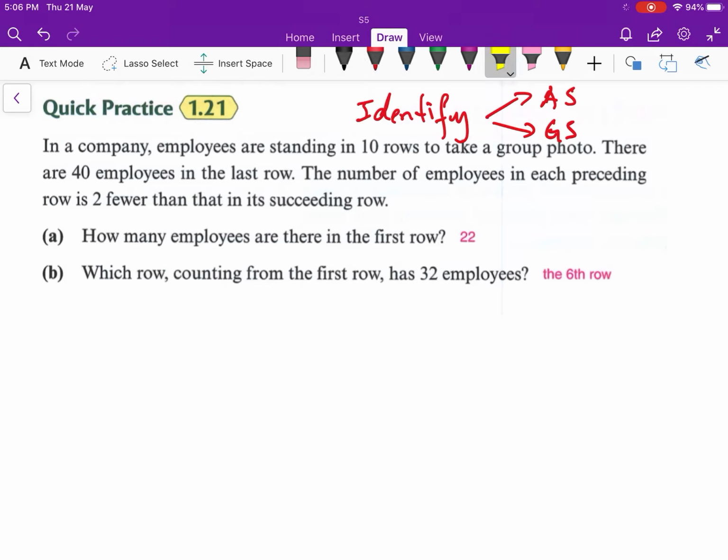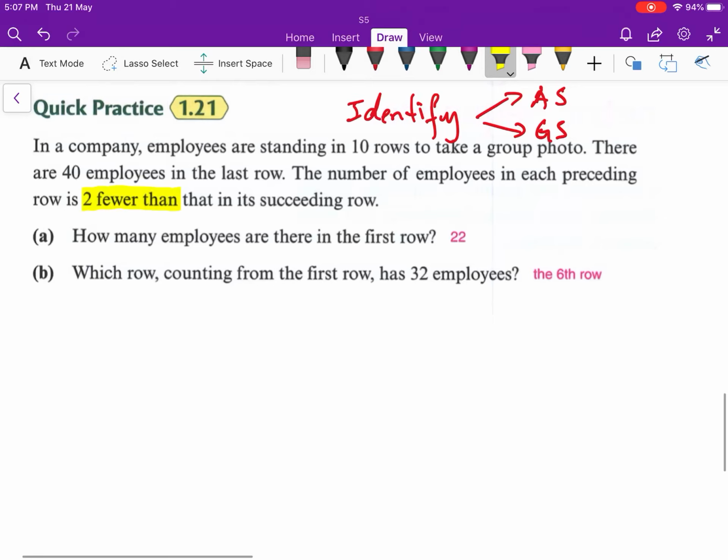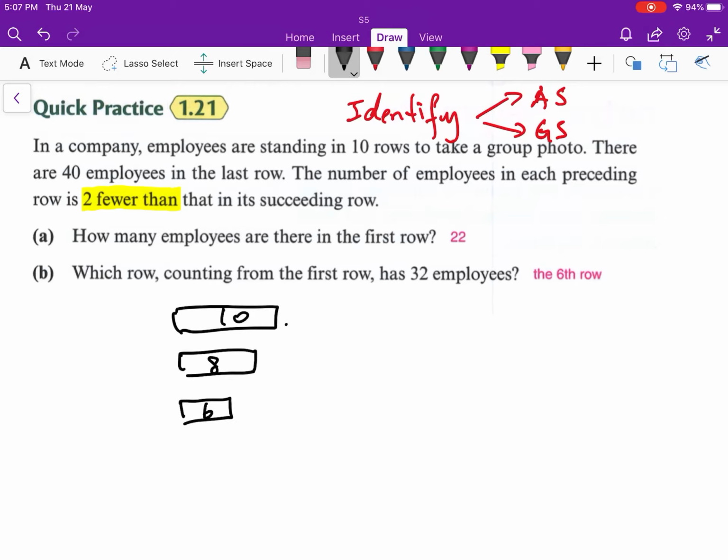They told you that in a company, employees are standing in 10 rows to take a group photo. There are 40 employees in the last row. The number of employees in each preceding row is 2 fewer than the next. What does it mean? It means that if the first one I got 10, then the next one I only got 8, the next one I only got 6, because 2 fewer.